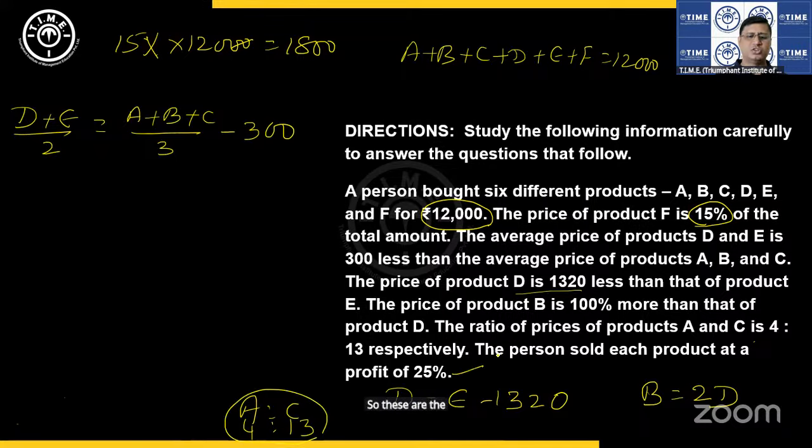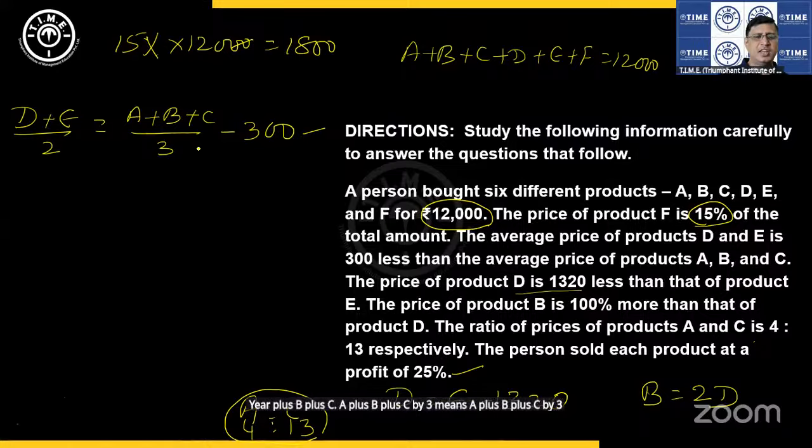Of course, each product is sold at 25% profit. Solving this. Now what do we get? Here I'm solving this equation. (A plus B plus C) by 3 equals (D plus E) by 2 plus 300.